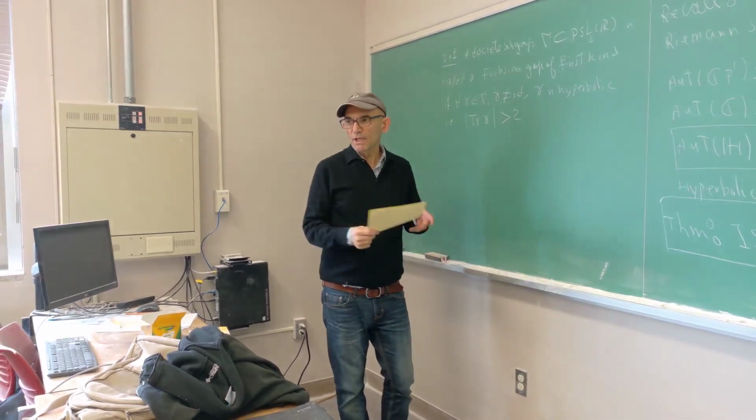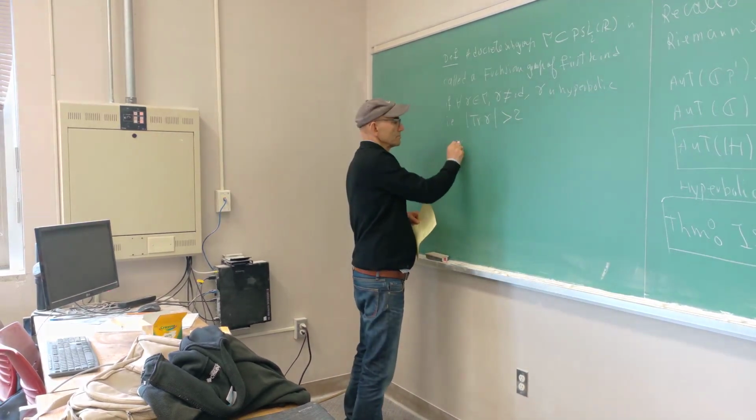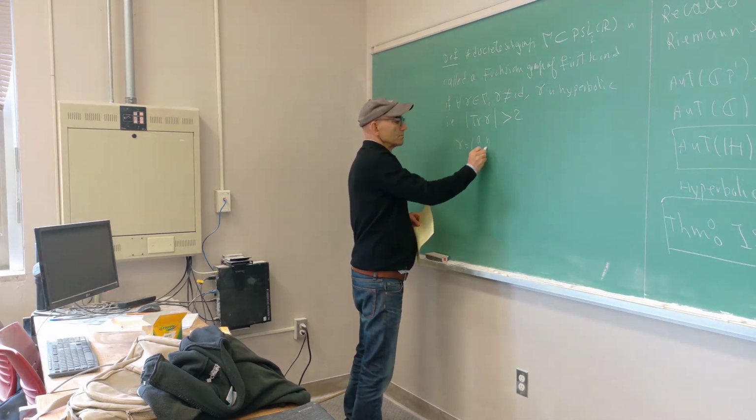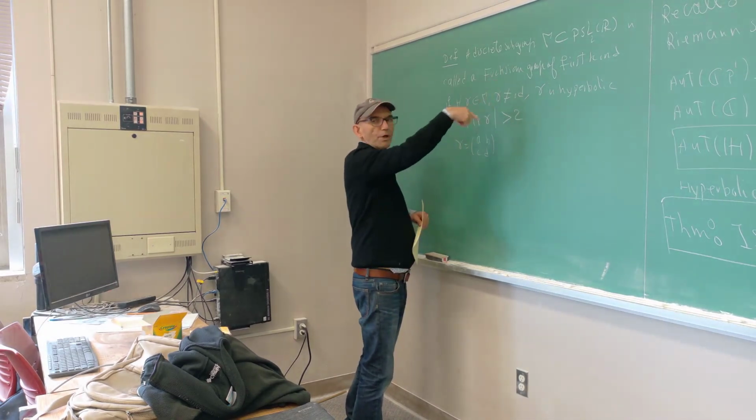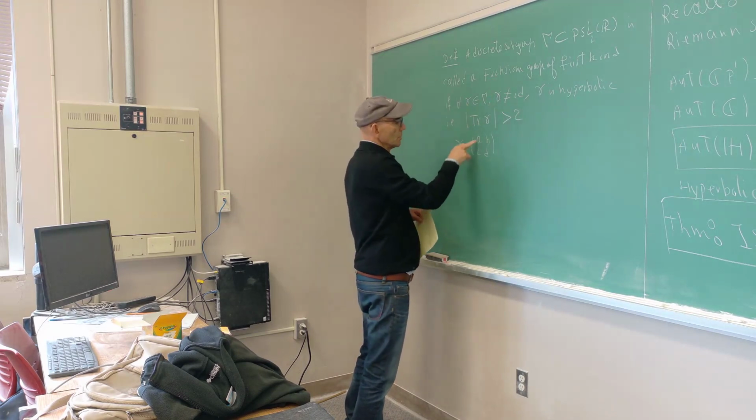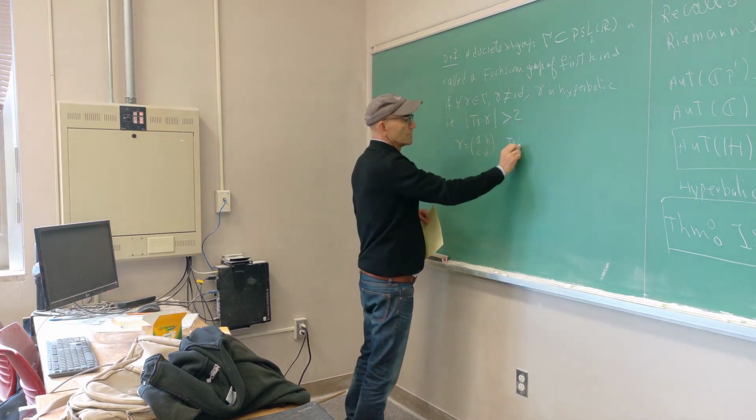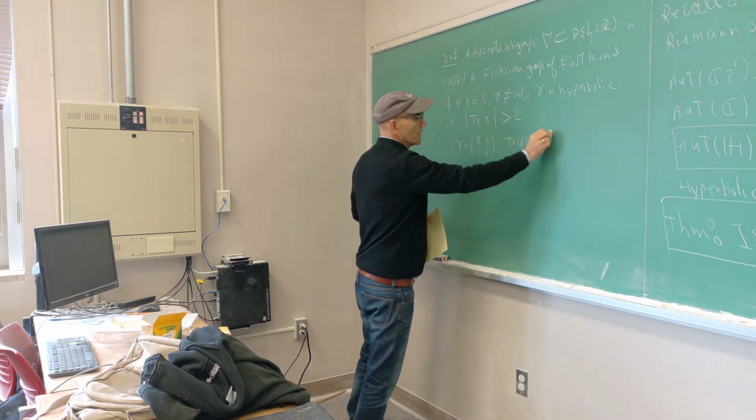So remember, this gamma was the matrix (a b; c d), up to plus or minus, because it's in PSL.